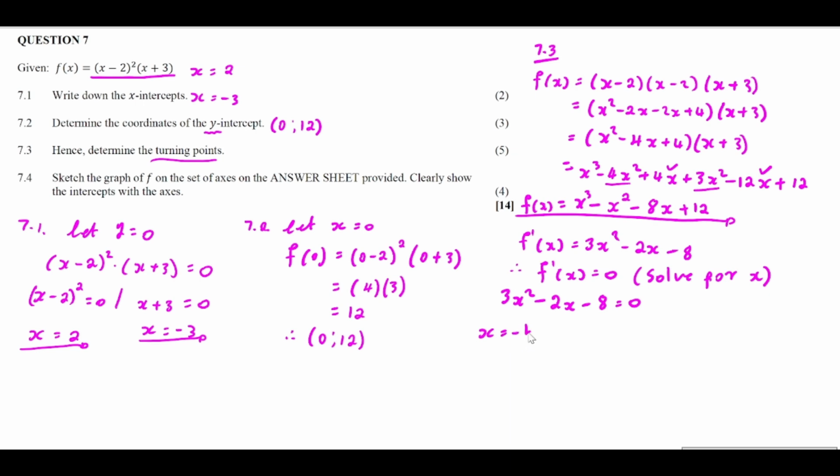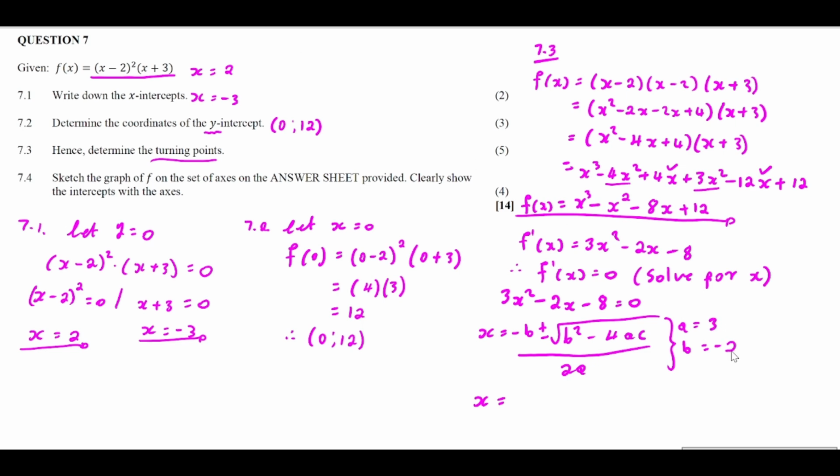X equals negative b plus or minus the square root of b squared minus 4ac, and then you divide everything by 2a. The value of a is 3.